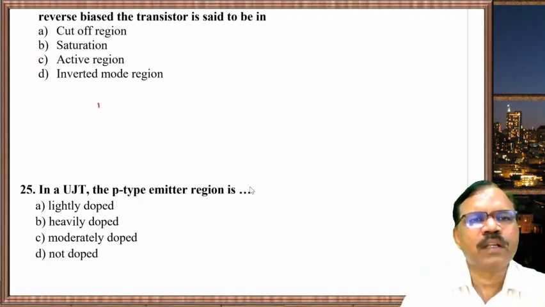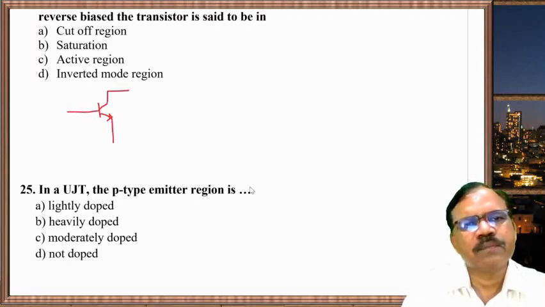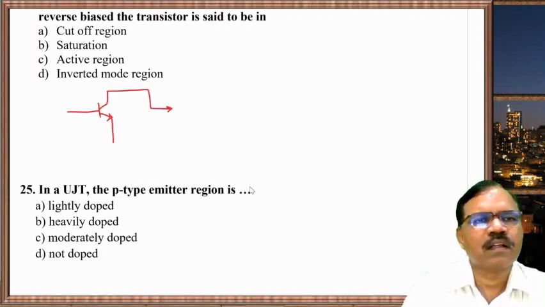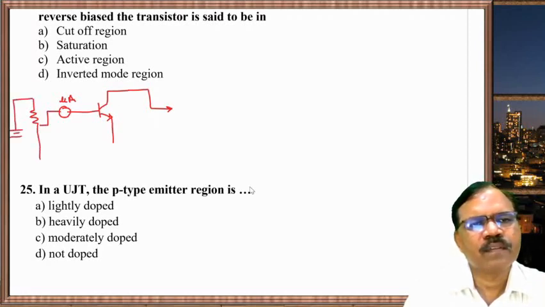Suppose we take a common base circuit with a PNP transistor. Here we measure IB, and for that we give an input battery, and the emitter is common.